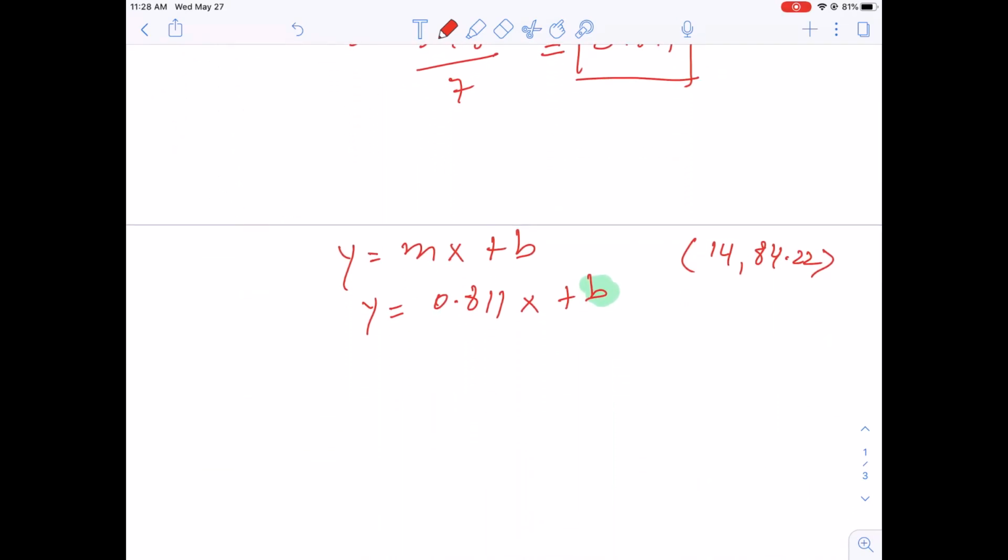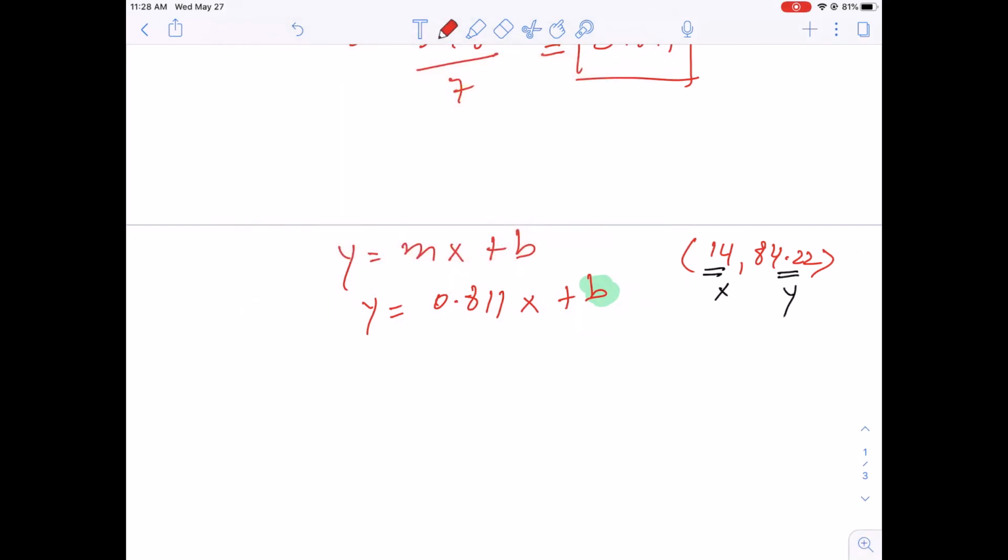Now I'll plug it in. So always remember, this is x, and this is y. The first value is always on the x-axis, and the second one is on the y-axis. It's a convention.